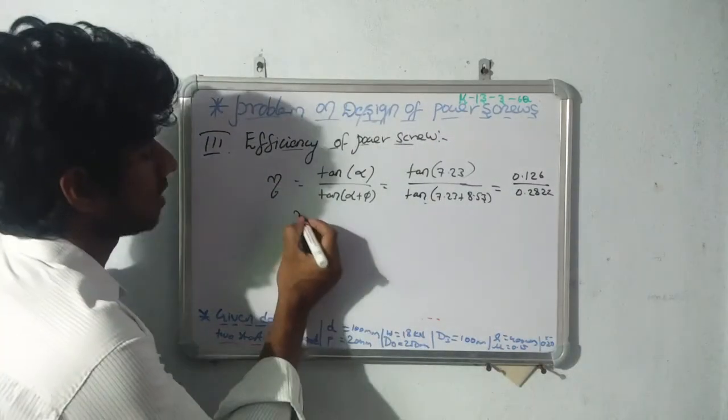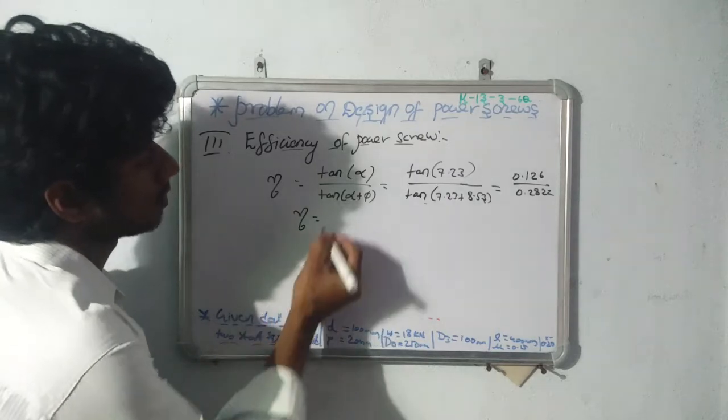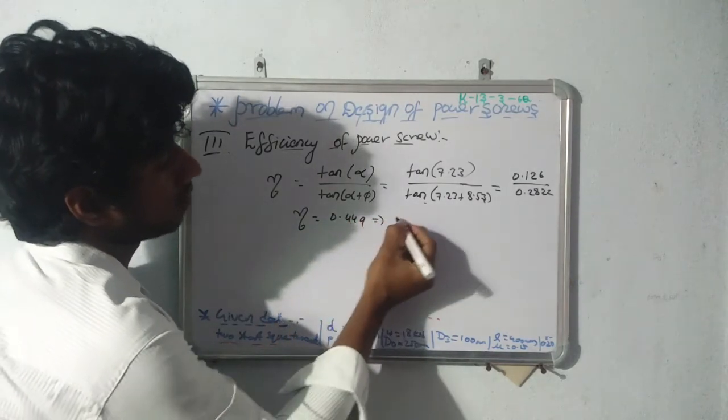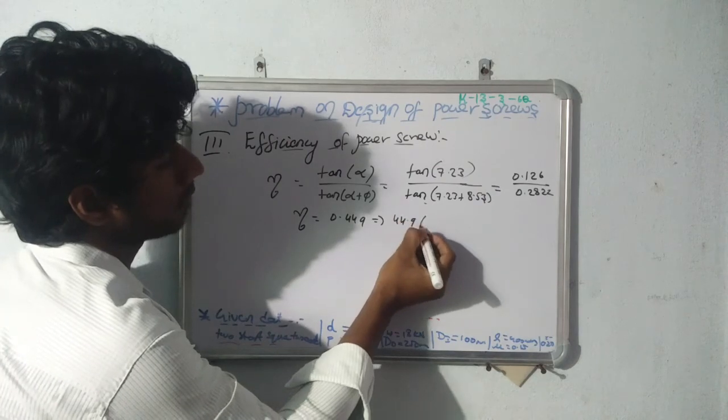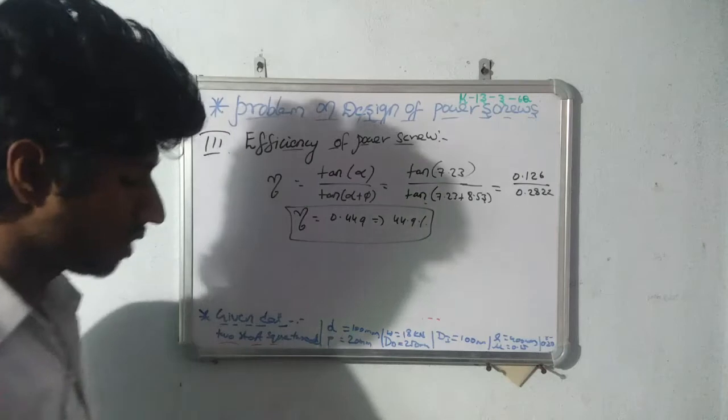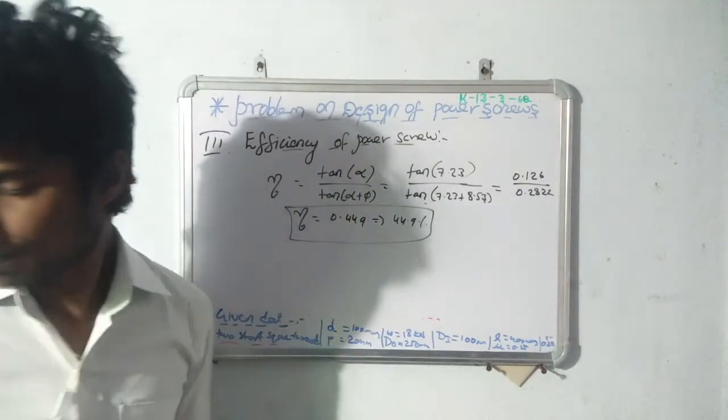Here the efficiency of the power screw is 0.449, that is equal to 44.9%.